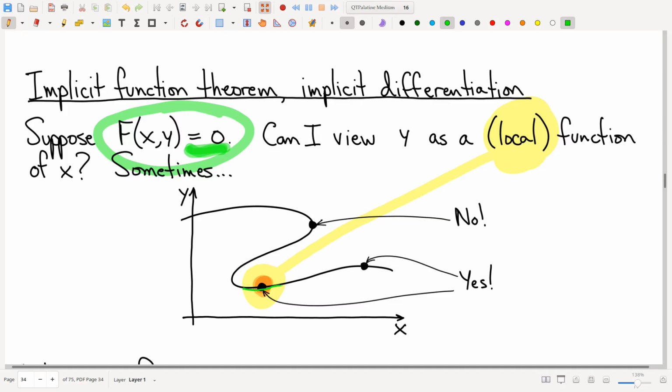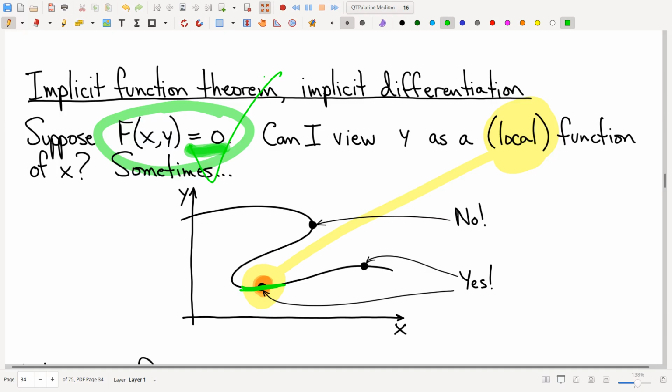So we're going to look just at that little portion of the curve. Same equation, but we're only going to look locally nearby, within some little what we call neighborhood of the point in question. And locally, that little bit of curve, I couldn't care less about what's up here. That's not local. Locally, this passes the vertical line test just fine. So locally, at this point, yes, y can be viewed locally as a function of x.